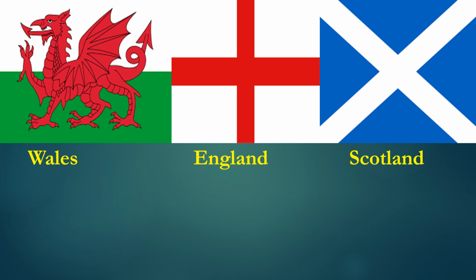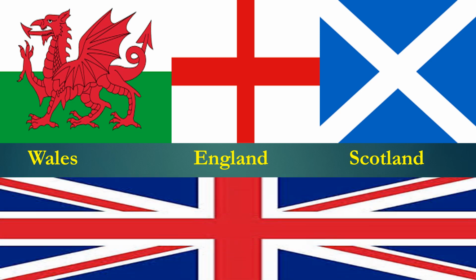But each of these cannot be called a state because they are under the sovereignty of the state called the United Kingdom. So this is an example of why not all nations are states.